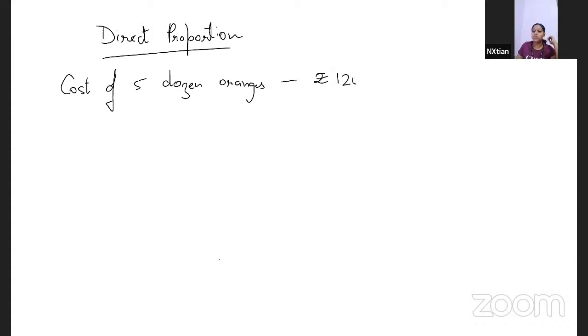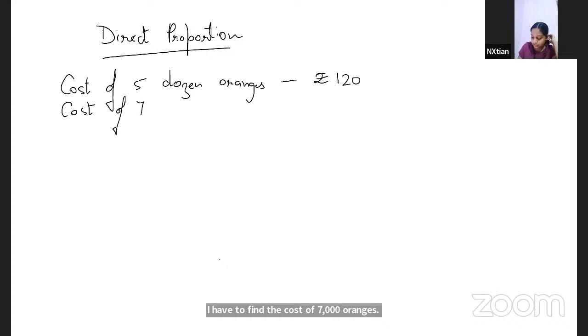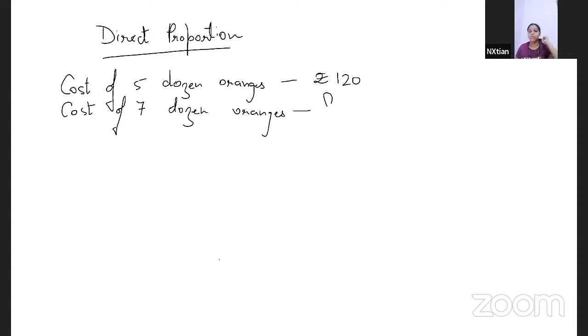I have to find the cost of 7 dozen oranges. Seven dozen oranges cost I have to find out.